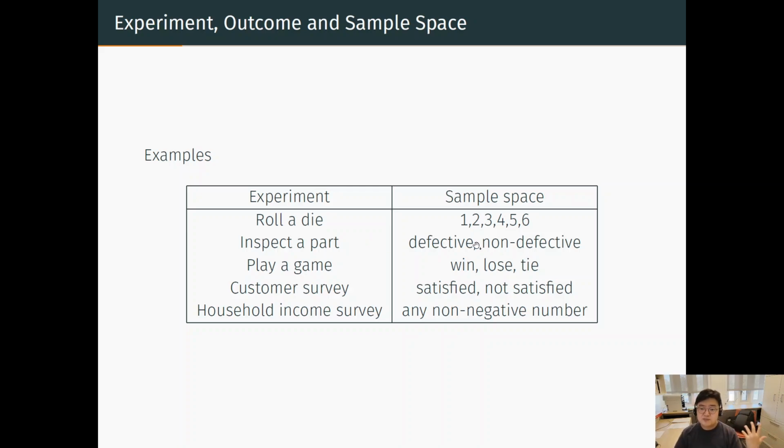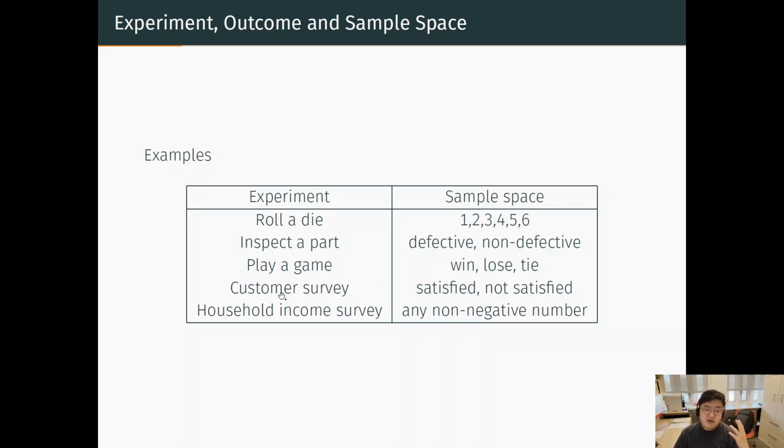That's the sample space. And when you play a game, you may win or lose or tie. In a football game or basketball game, if you include tie as a possible outcome, there are 3 possible outcomes.